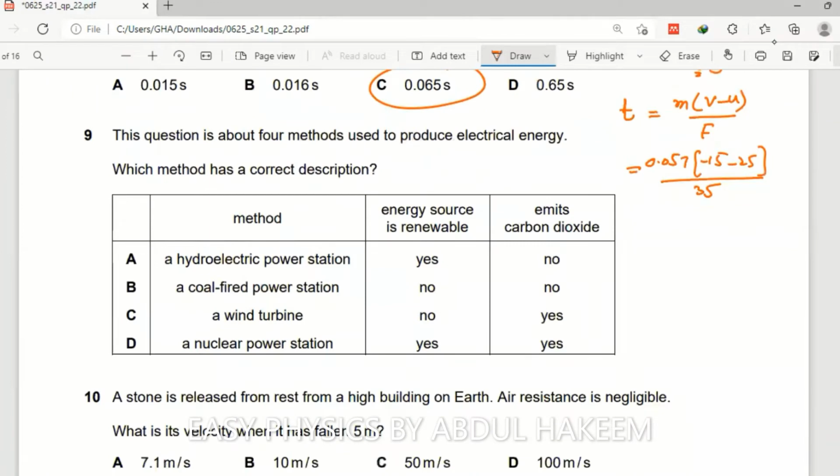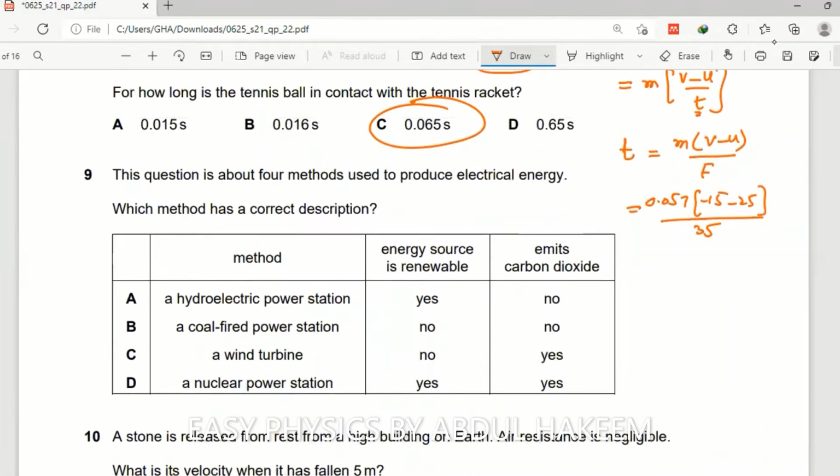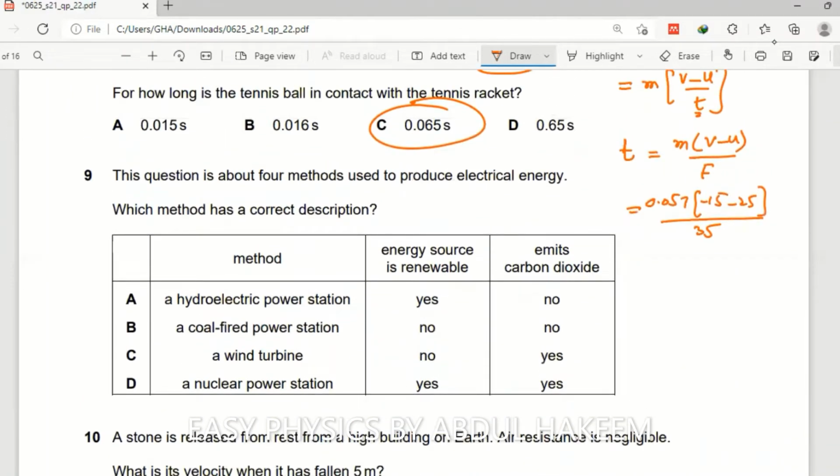Now move to the next question. This question is about 4 methods used to produce electricity. Which method has a correct description? So the 4 methods are hydropower station, coal-fired power station, wind turbine, and nuclear. The energy source is renewable. So definitely the hydropower station is renewable.